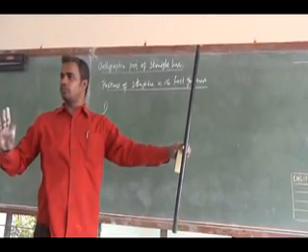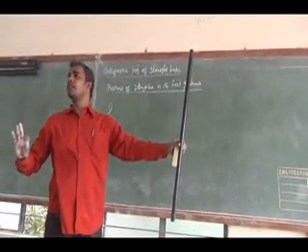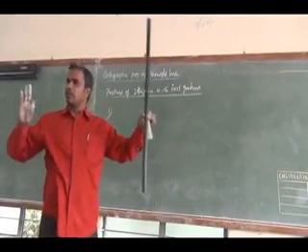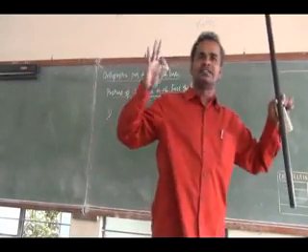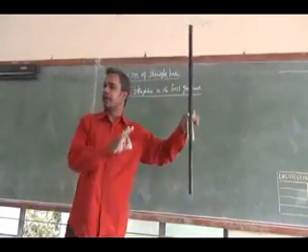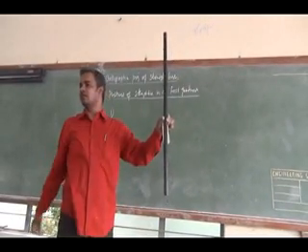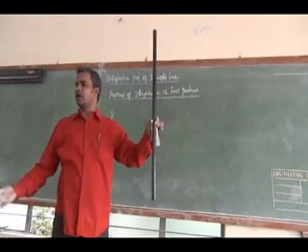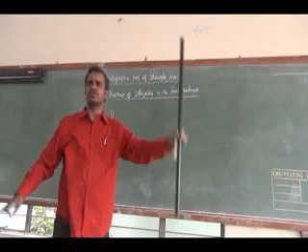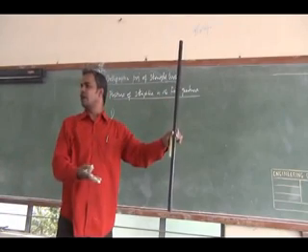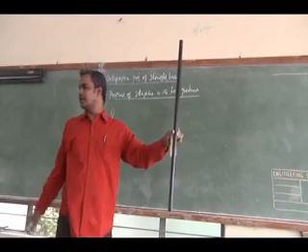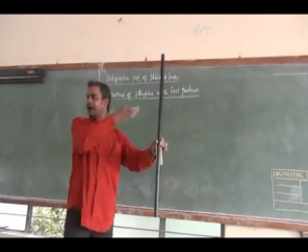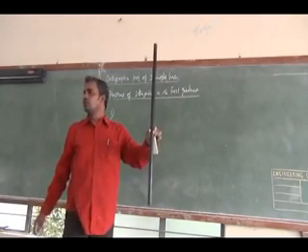Listen all of you, the straight line is placed above the horizontal plane and in front of the vertical plane. Why? It is in the first quadrant. I am asking with relation to vertical plane and horizontal plane.